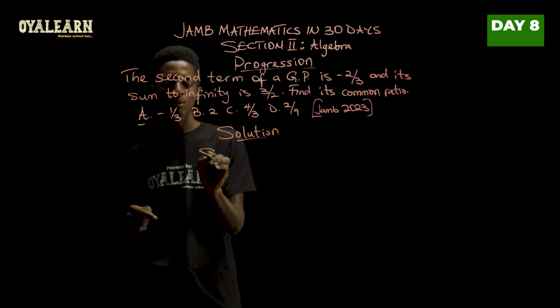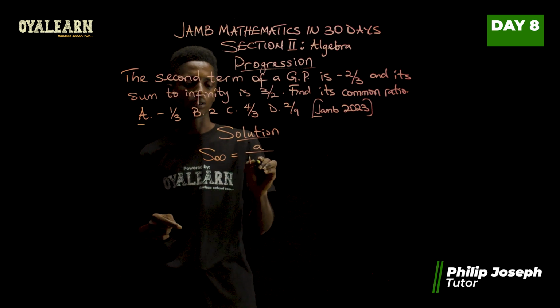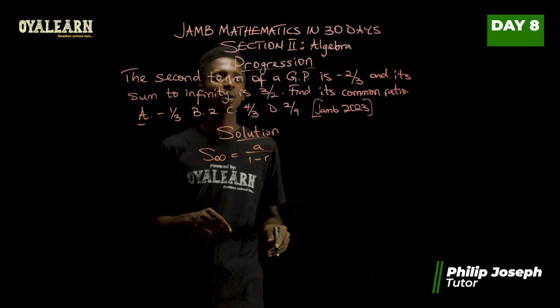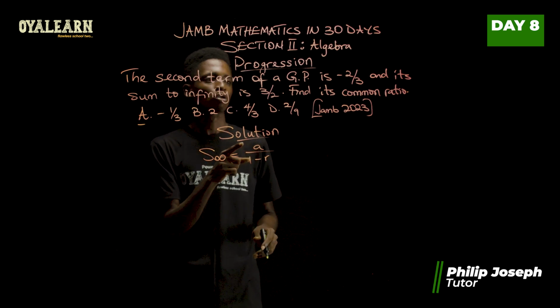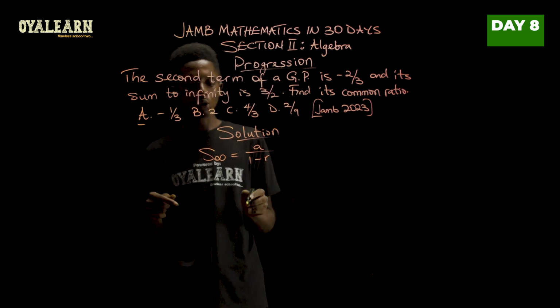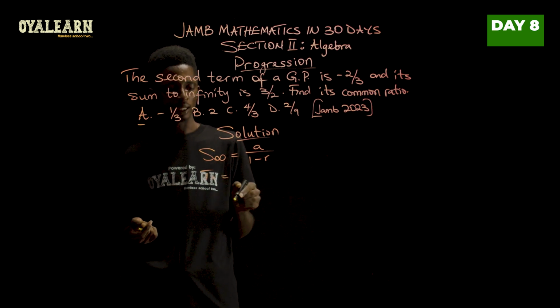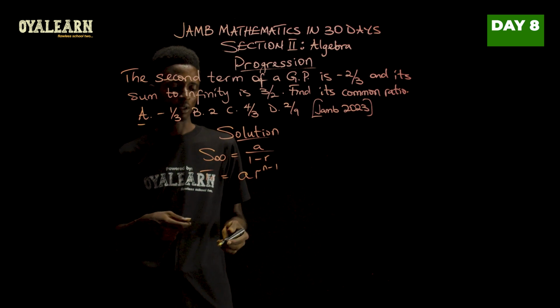Now, sum to infinity of any GP is given as a over 1 minus r, right? And what we have here is the second term. So we have to use this to find the first term. And we know the nth term of a GP is given as a into r to the n minus 1, right?